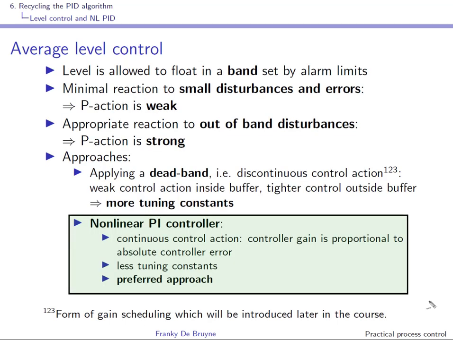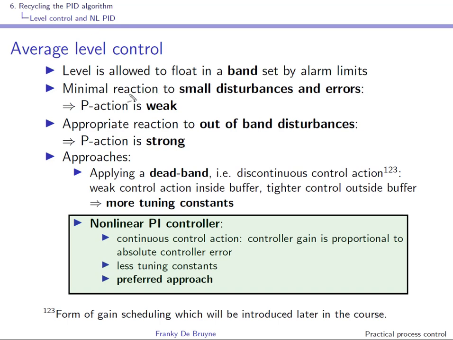Let us now look at average level control. Here the level will not be tightly connected to the set point. It will be allowed to fluctuate around the set point in a band or in bands set by alarm limits.